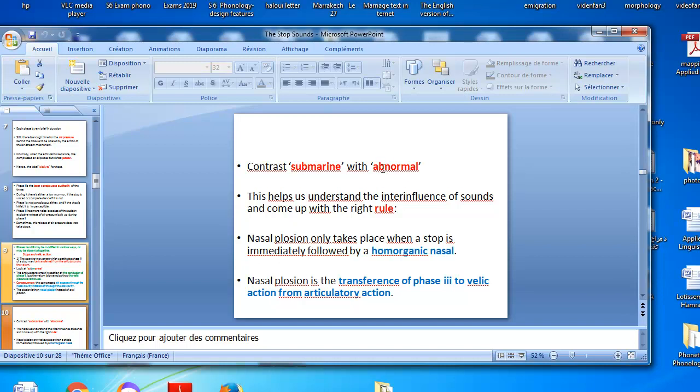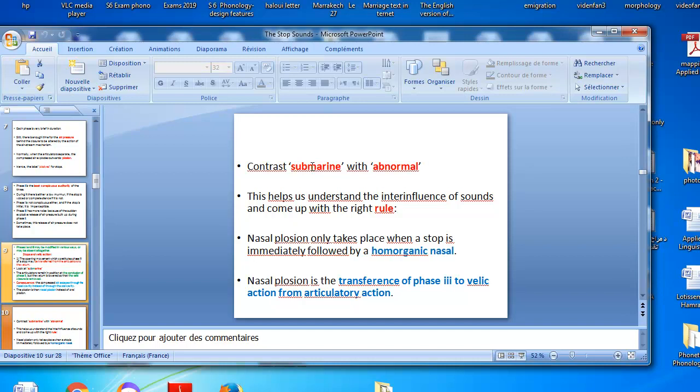Here normally we say abnormal. Why? Because N is not a bilabial sound. So if we want to obtain a nasal release, we should have a homorganic nasal following it. Here we say abnormal. We release the air for B and then we go to the production of N.